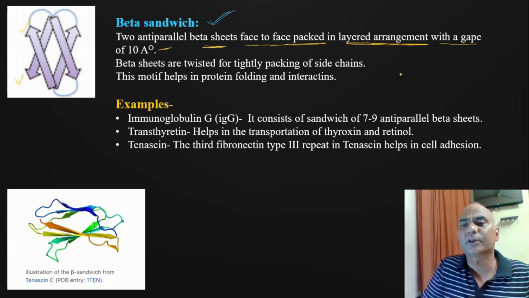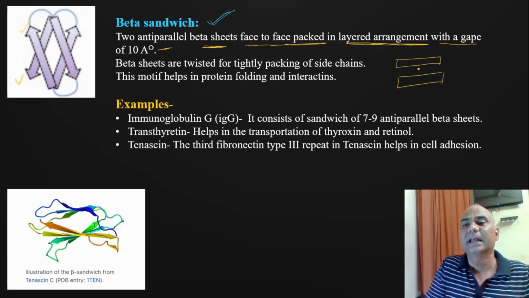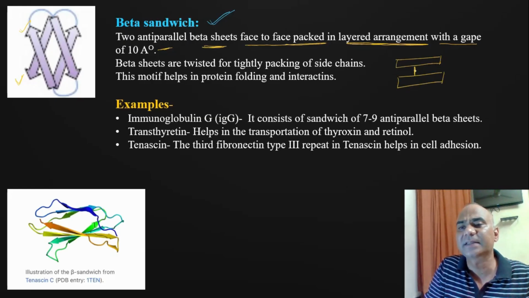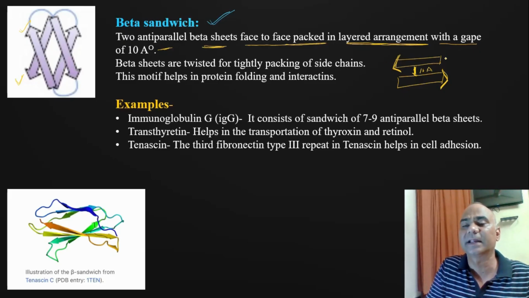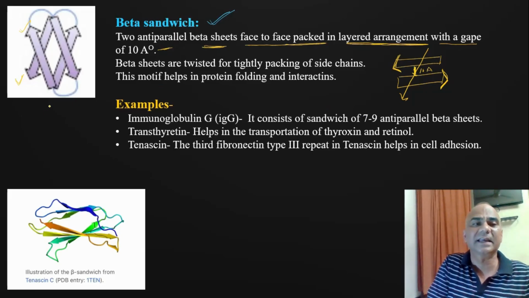So we can say the two beta sheets are arranged in the layer format, and the distance between these polypeptide chains is 10 angstrom, and these are the antiparallel arrangement of the beta sheet. These structures are twisted to each other, just like in the figure.